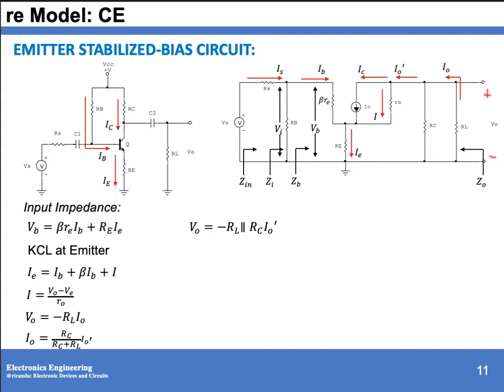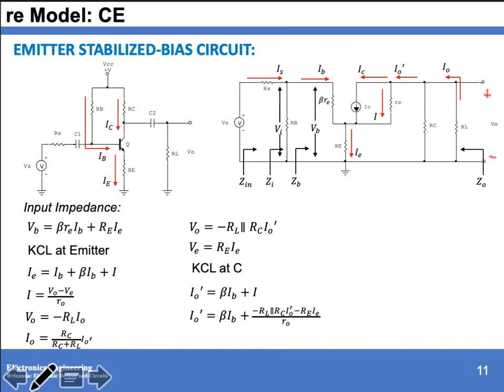So therefore, Vo is equal to negative RL in parallel with RC. Then Ve is RE times IE. So at the collector, using KCL, we have IO prime is equals to beta IB, which is your IC, plus I.